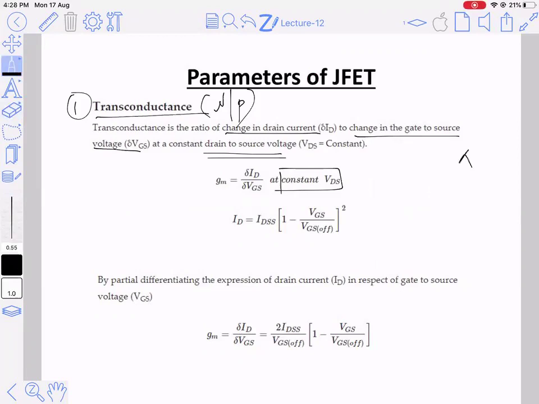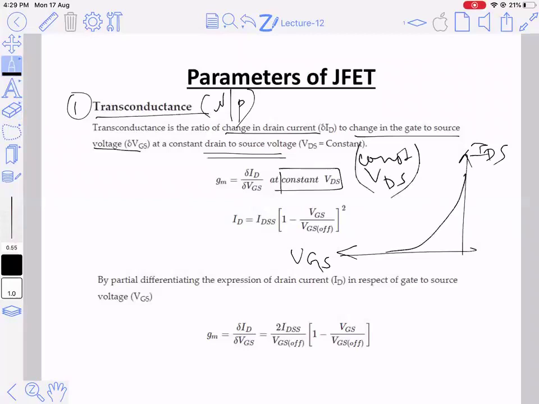Input graph is VGS versus IDS, plotted keeping your VDS constant. That means you're going to get the transconductance value from the input characteristic.